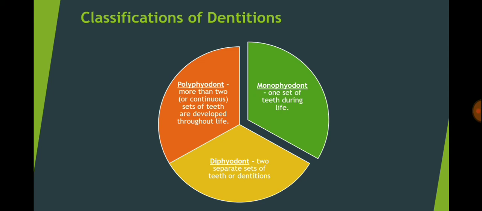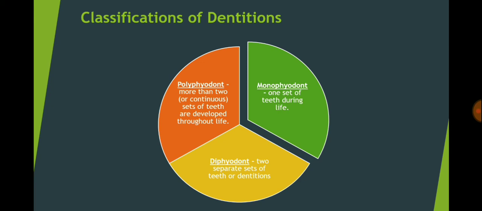Monophyodont species have one set of teeth during life. Diphyodont species have two separate sets of teeth or dentition.